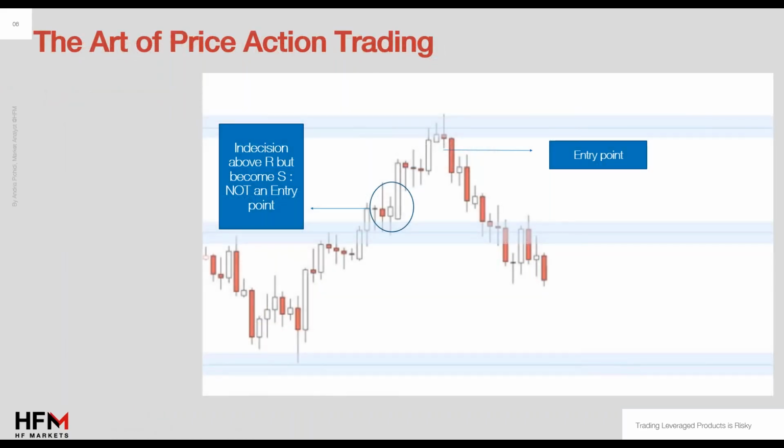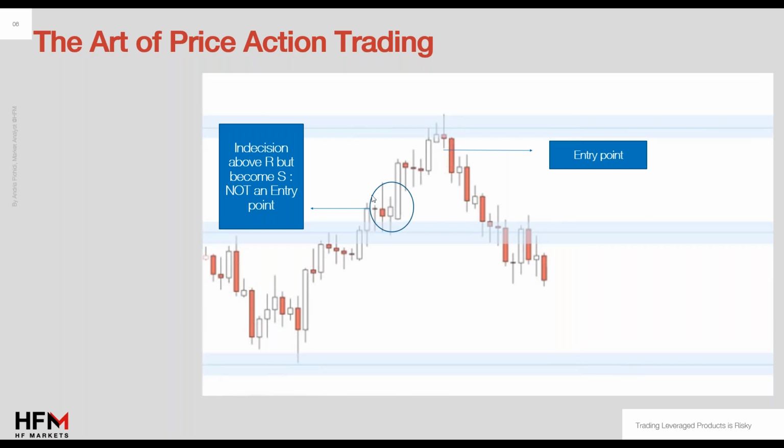Further examples. Here is an example where, again, our price action was in a range and broke it. But the exact following candle was an indecisive one, a doji one, that clearly stated that we cannot reply to who is in control.